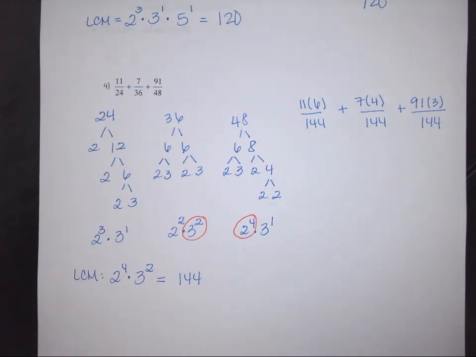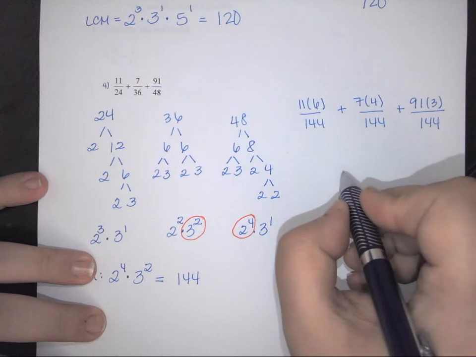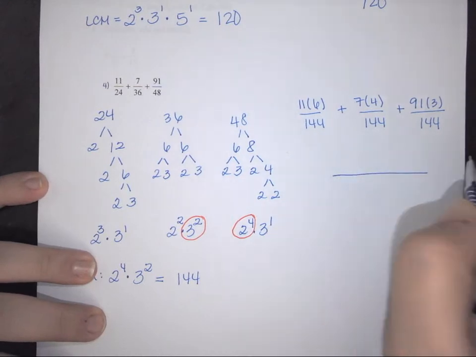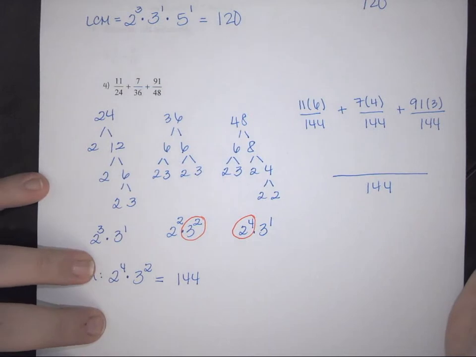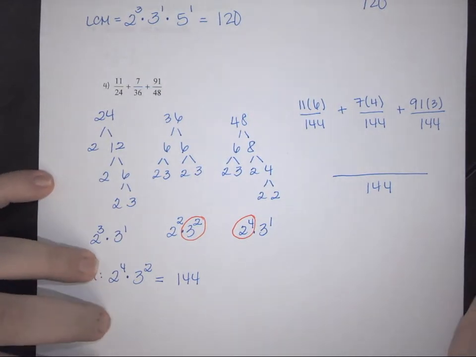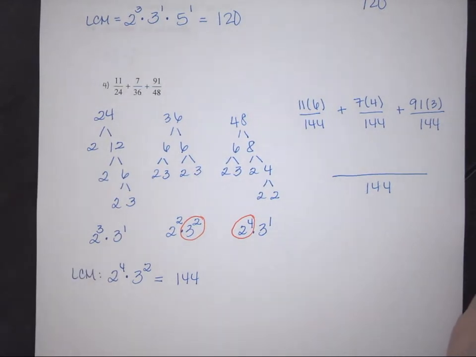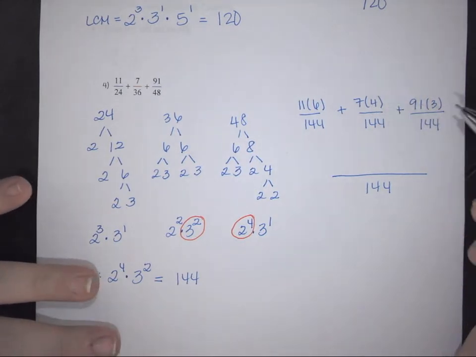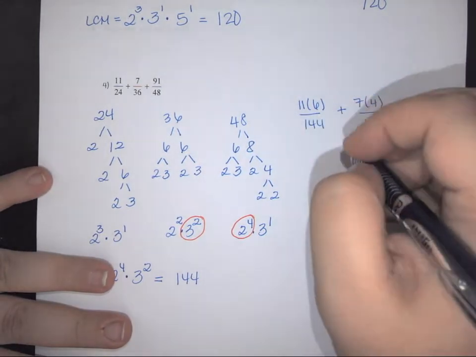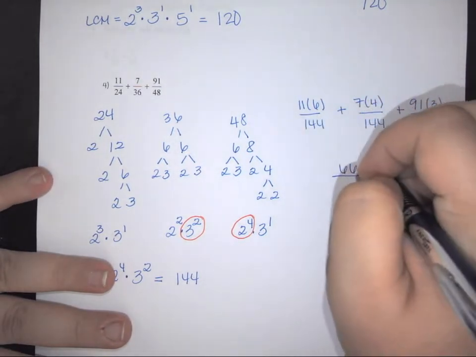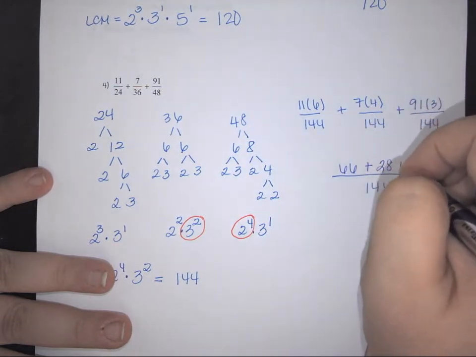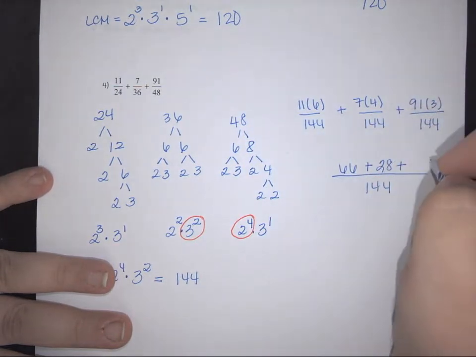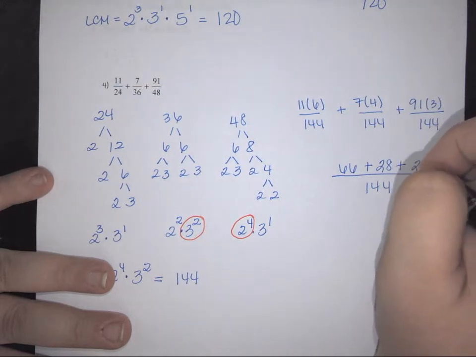So with that, we're going to do the same thing, where we are going to put the whole thing over 144, and we are going to do our multiplication. So 11 times 6 is 66, plus 7 times 4 is 28, plus 91 times 3 is 273.